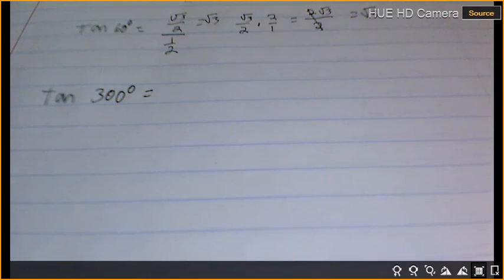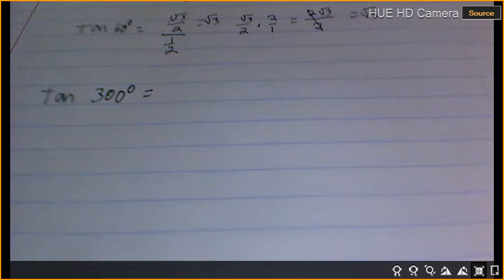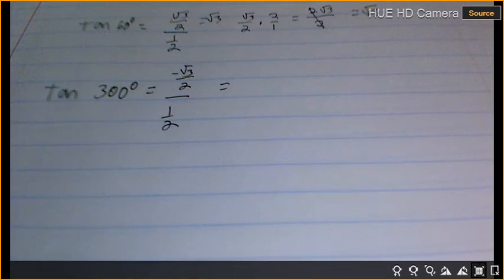It's right after 270. It's the next one after 270. Negative square root 3 over 2. And what's the x value? 1/2. So I'm going to look at my paper. Now the difference from my other ones is this is a negative divided by a positive. So my answer is going to be what? Positive or negative? Negative.